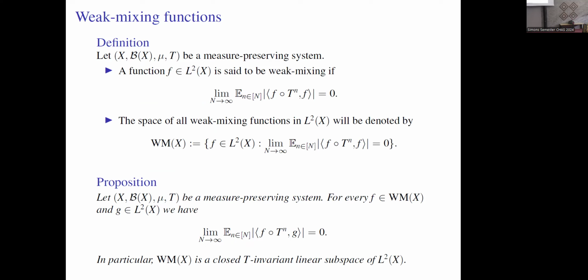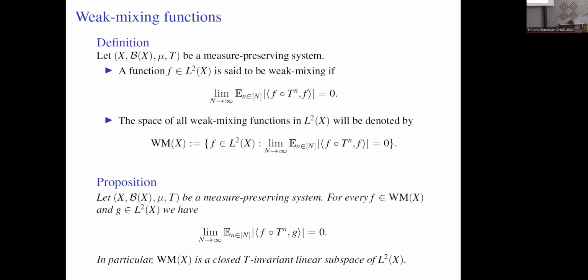And now we can use this condition to prove that our space is closed under addition. It's clear that it's closed under multiplication by a scalar. What we have to show, we have to use this to show that it is closed under addition.